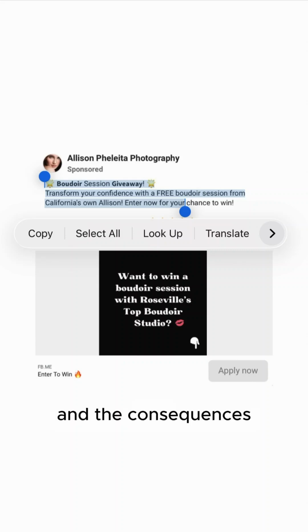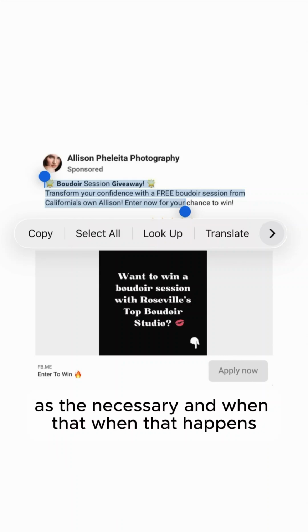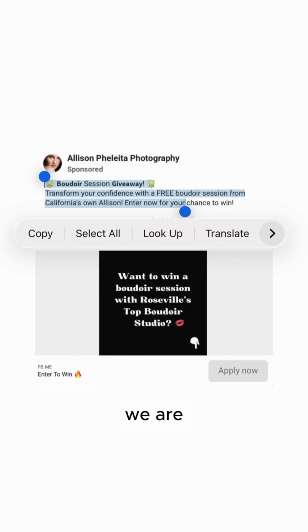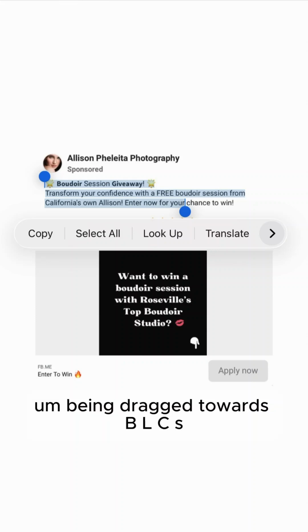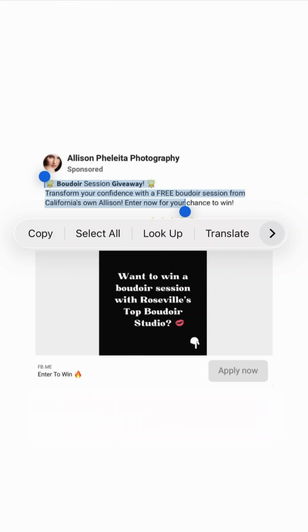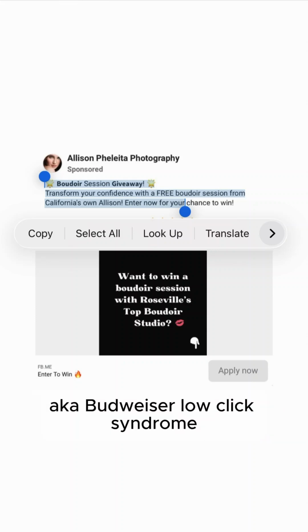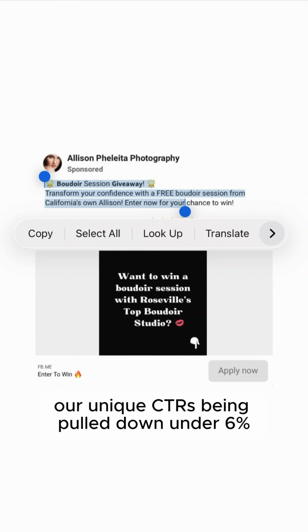And the consequence is way more women scrolling by our Boudoir Facebook ads than necessary. And when that happens, we are being dragged towards BLCS, aka Boudoir low click syndrome. Our unique CTRL is being pulled down under 6%.